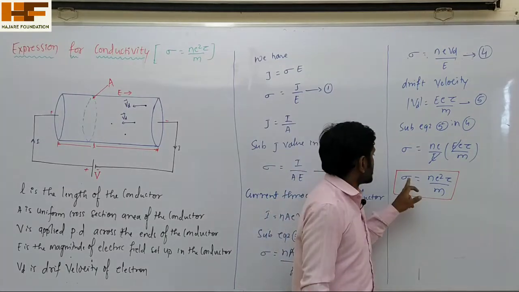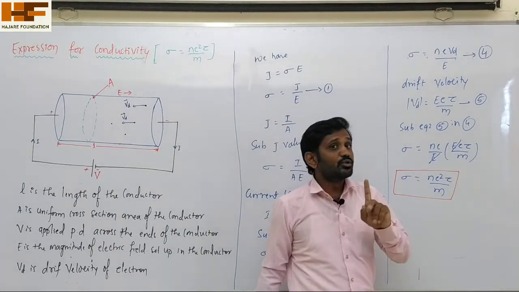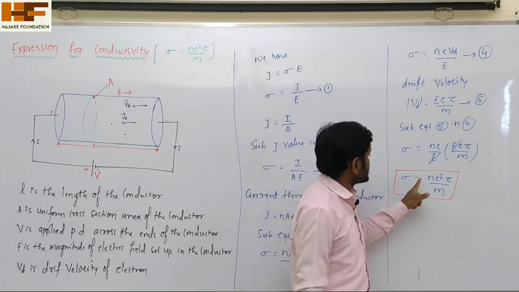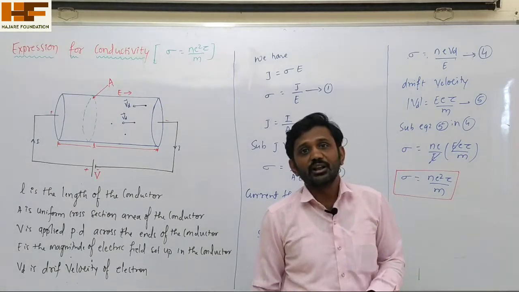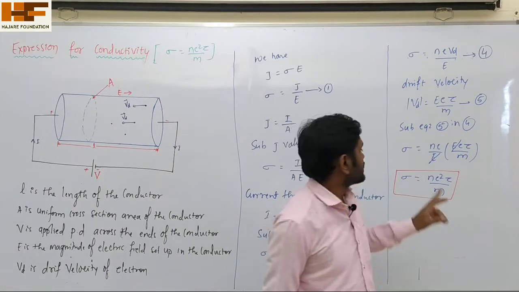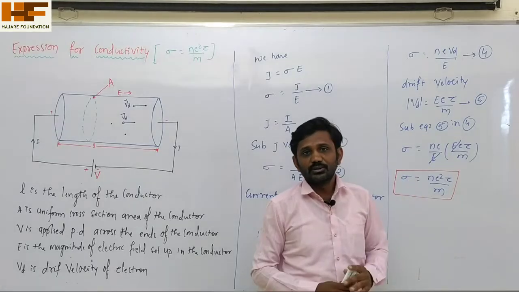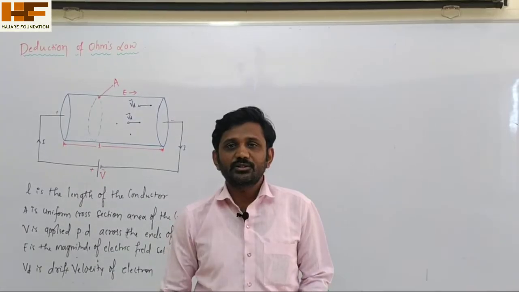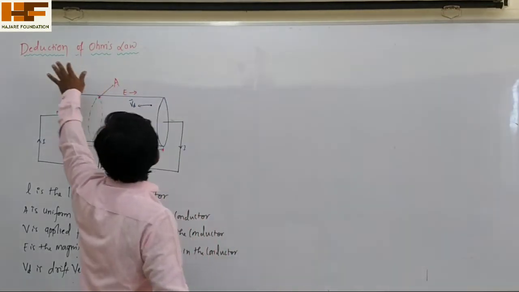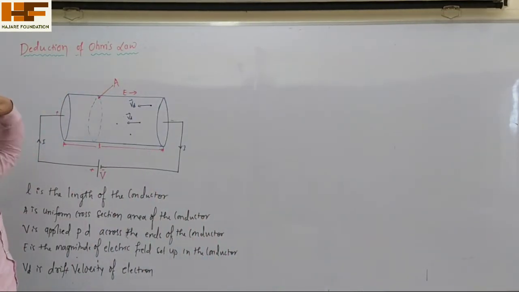That is why conductivity depends on two factors: one is the temperature and the other is the nature of the material. From material to material, the sigma value varies. In the next topic, the derivation, that is the deduction of Ohm's law.